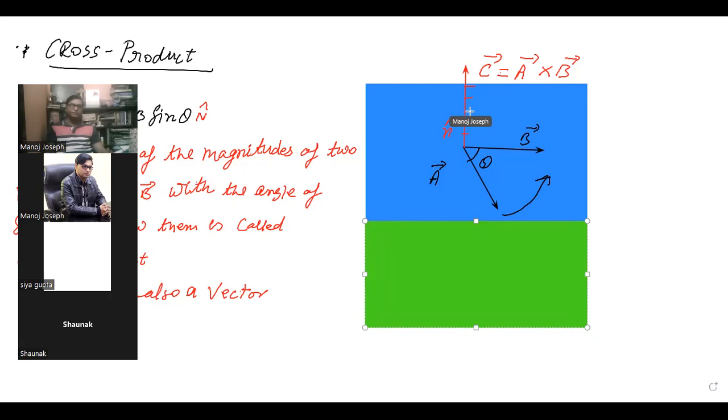In this plane, once again, let us keep two vectors.